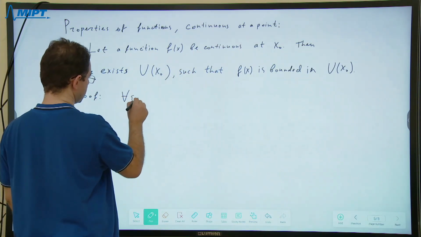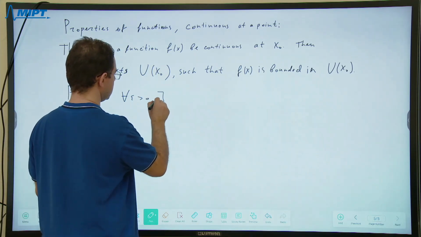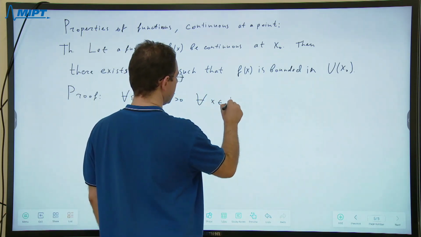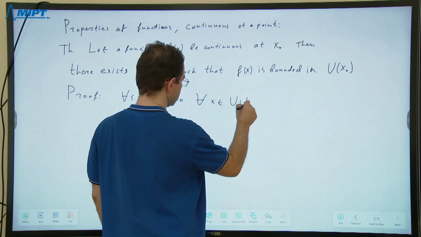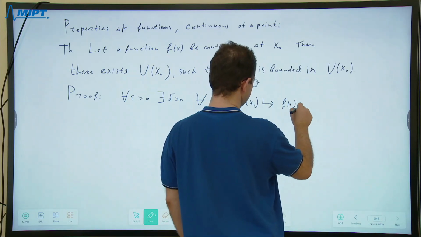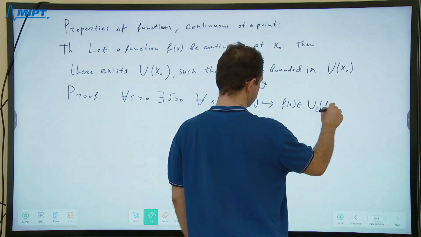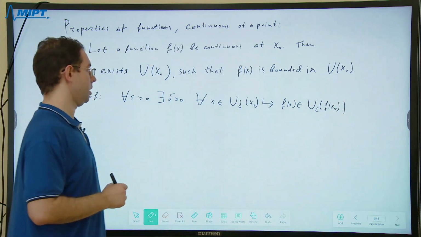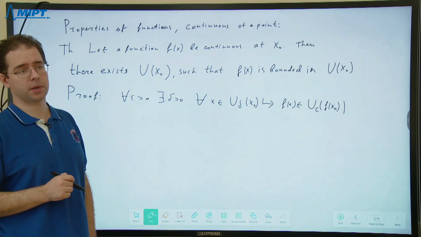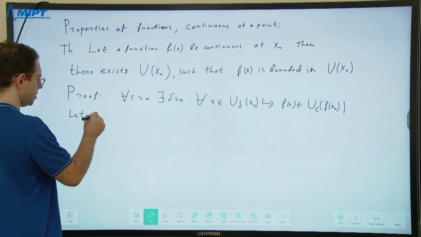For any epsilon greater than 0, there exists delta such that for any x from the deleted delta neighborhood of x0, it follows that f of x is from the epsilon neighborhood of f of x0. Now, it is true for any epsilon. Let me choose some number epsilon. For example, let epsilon be equal to 1.